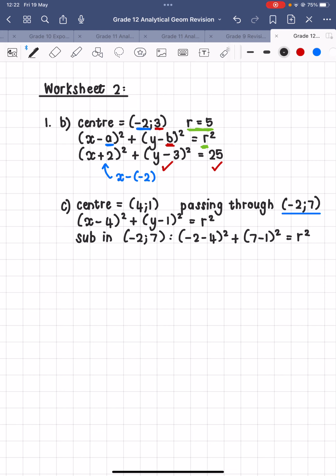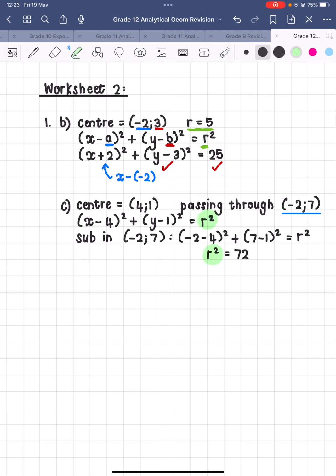And now we can just work that out. Okay. This is going to give us negative 6 squared, which is 36. That's also 36. So 72. You can obviously use your calculator for that. Okay. R squared is equal to 72. Guys, am I going to square root that to get the radius? Did they ask for the radius? No. They asked for the equation, right? And in the equation, we have r squared.